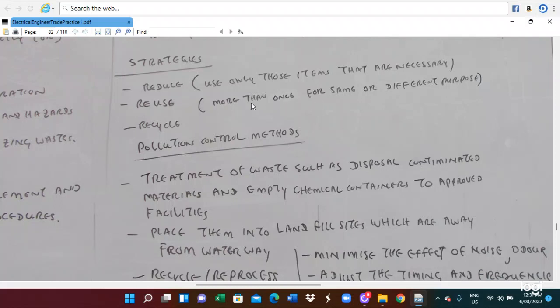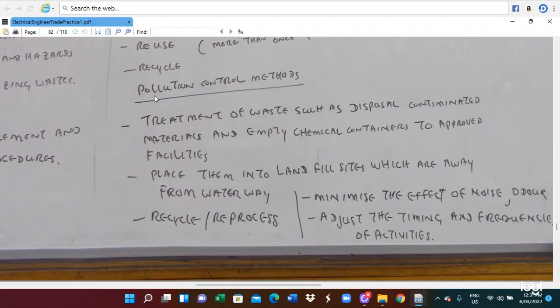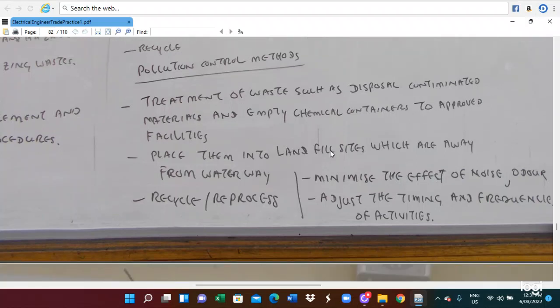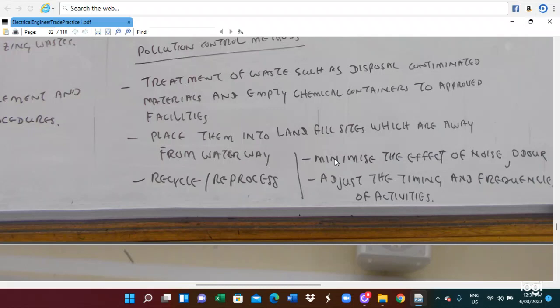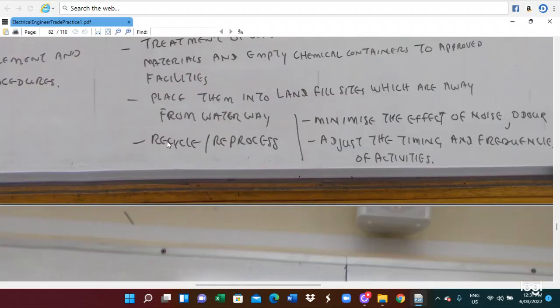Reuse is also important, using it more than once, the same or in a different place, and recycling. Those are the strategies. For pollution control methods we have to treat the waste material, such as disposal of contaminated material and empty chemical containers to an approved facility, place them into a landfill site away from the waterway, and recycling and reprocessing are important aspects.